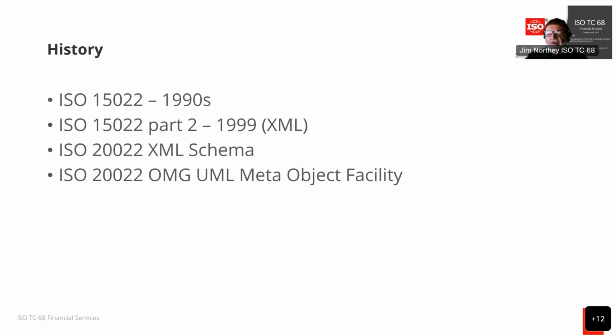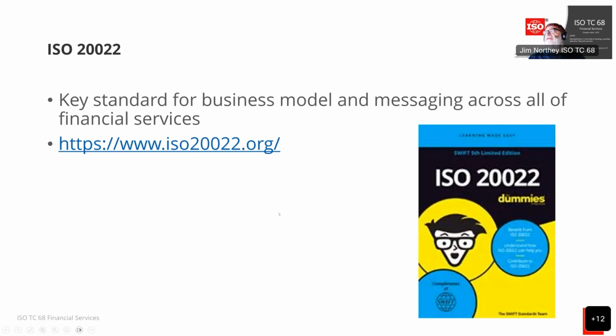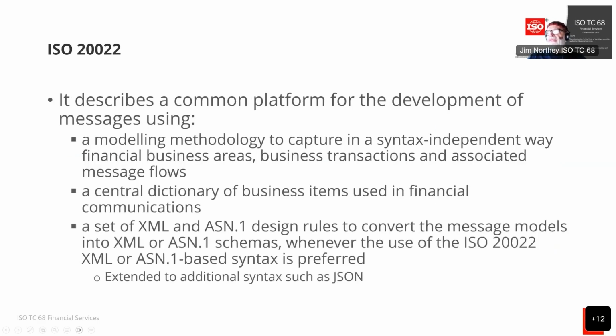But more importantly, ISO 20022 also contains our key business model, and there's a reference available on our website at iso20022.org. I just want to make sure people understand ISO 20022. It describes a platform for developing messages, but importantly, it also contains our key business models and business definitions.